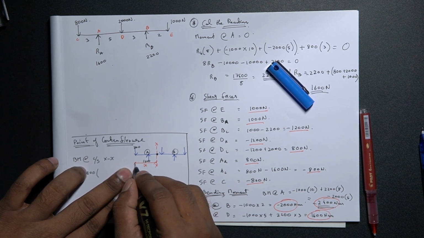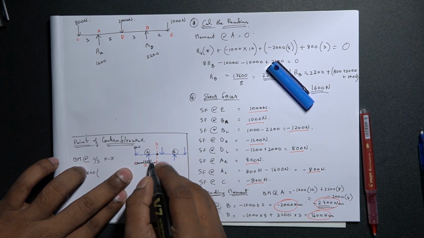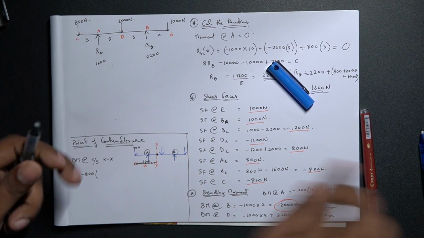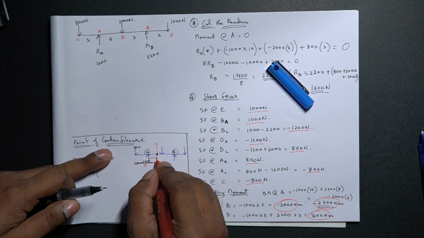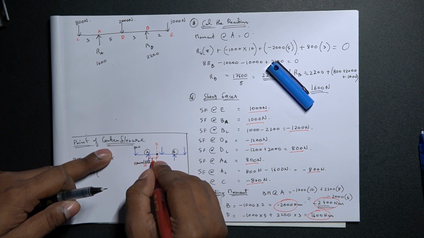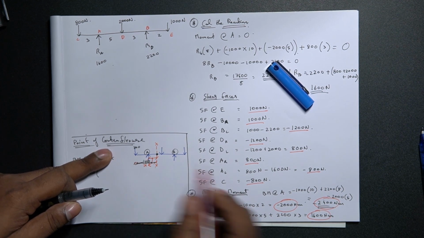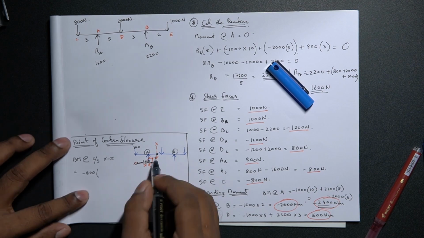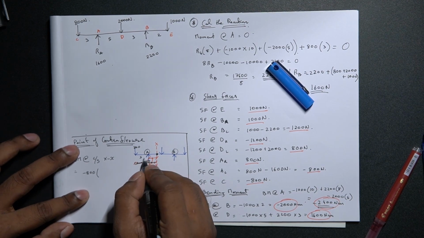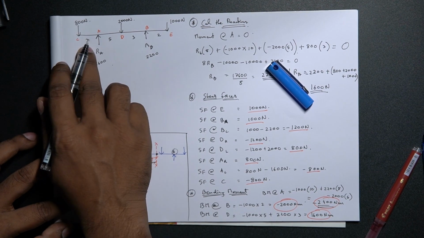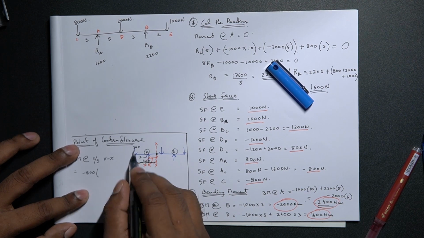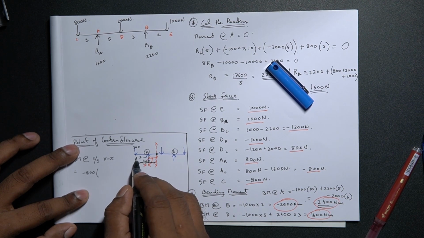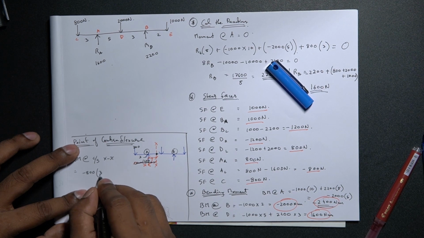So x should be this point here. This is your x. Let's put the distance over here as 3. So the lever arm with respect to 800 newtons acting downwards is 3 plus x.